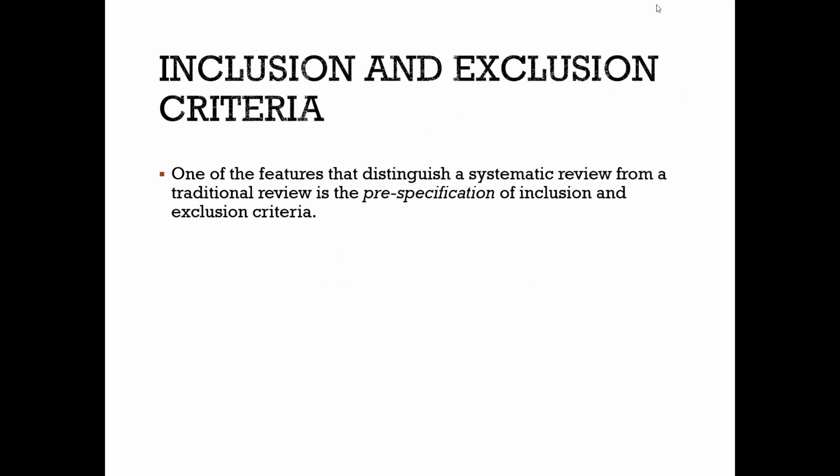One of the features that distinguish a systematic review from the traditional review is pre-specification of inclusion and exclusion criteria. In a narrative review, you don't do this, but in a systematic review, you will do inclusion and exclusion criteria.